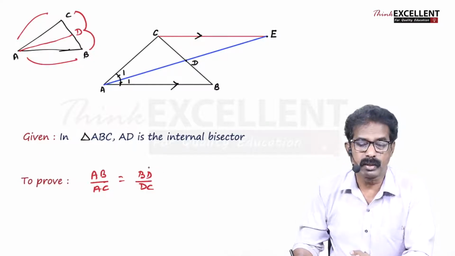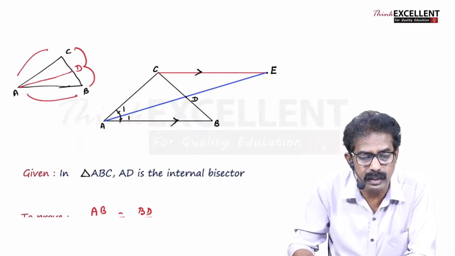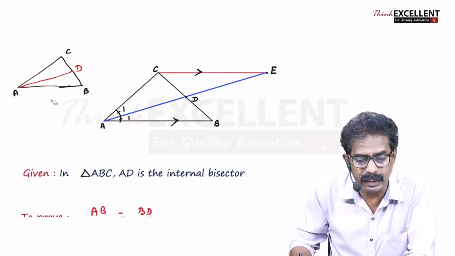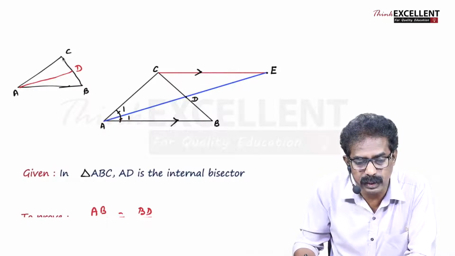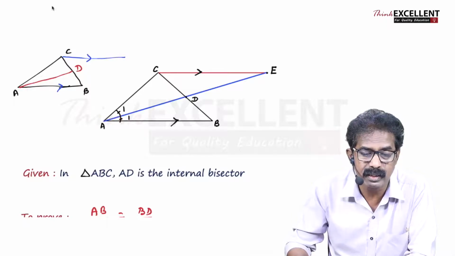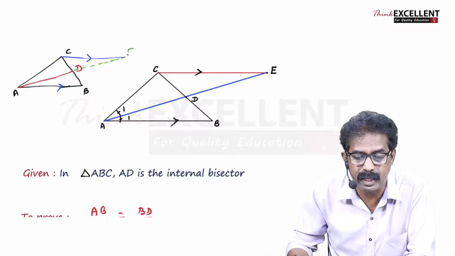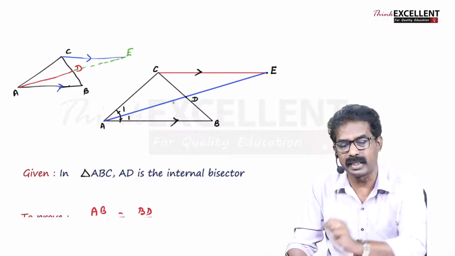Please look into the construction again. Through C, you draw a line parallel to AB. Look at this rough diagram. AB and this line are parallel, and you extend AD. It meets at a point E, and you get this diagram.